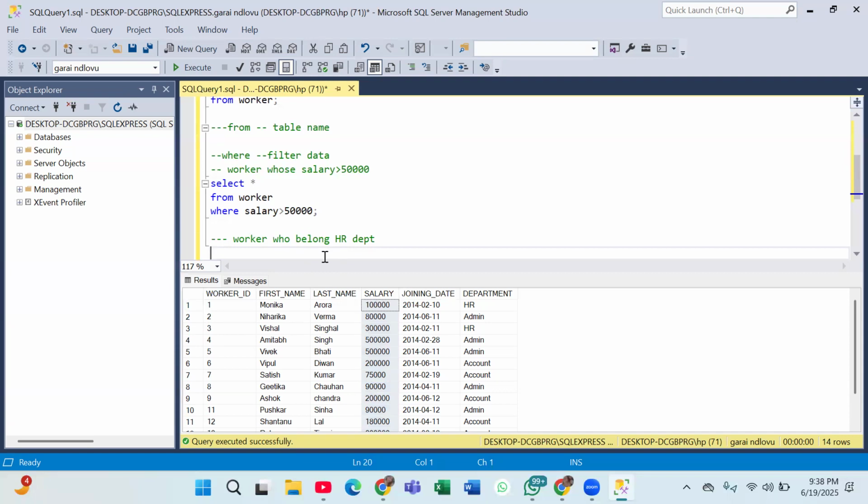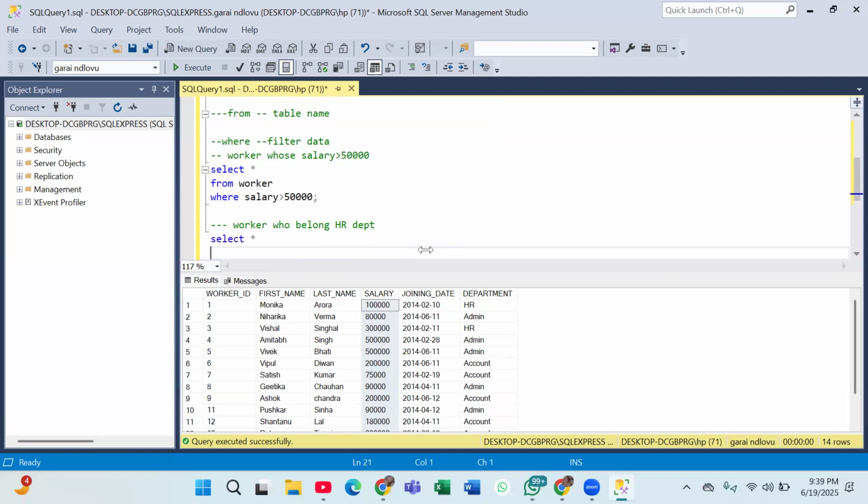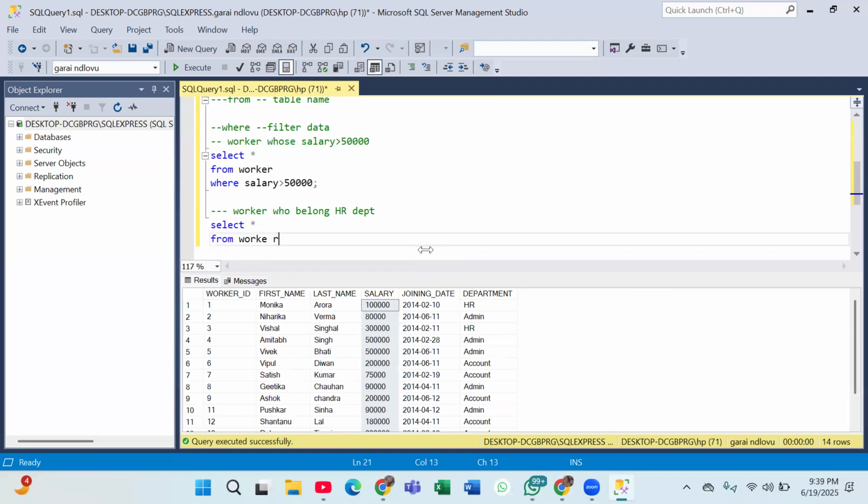Correct. Good, Sumit. Good, everyone. How will I do that? I want everything. From which table? From my worker table. What's my condition? Where department equals HR.